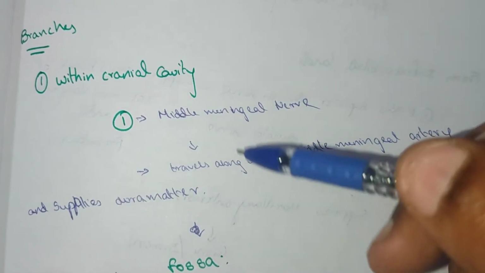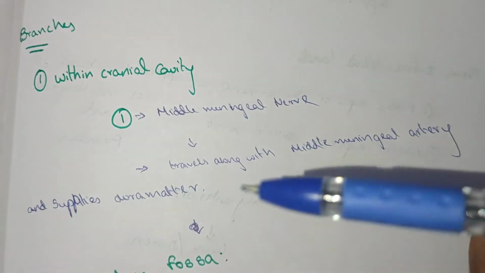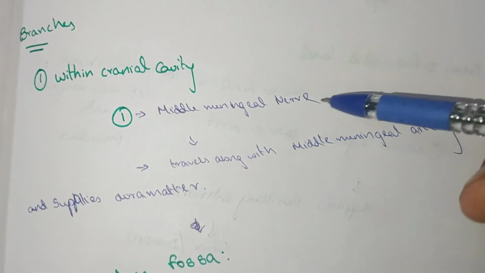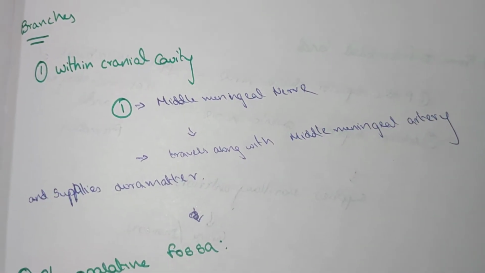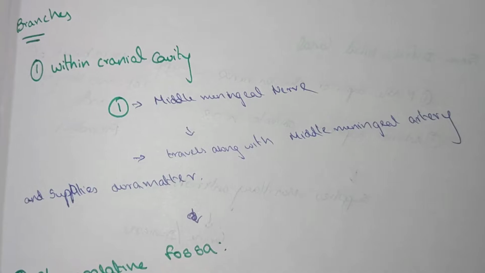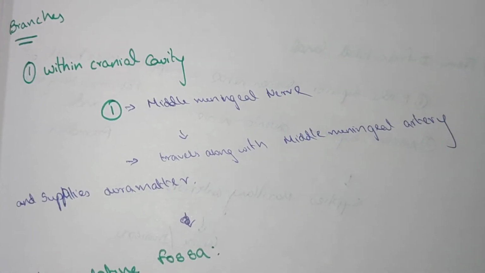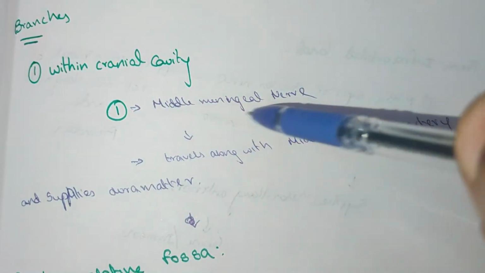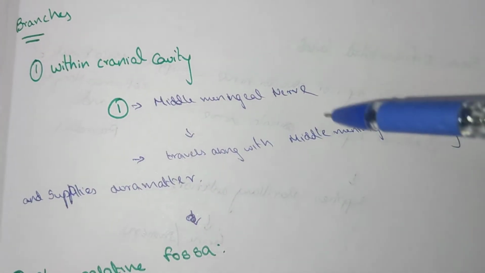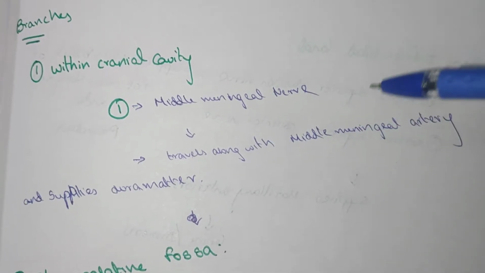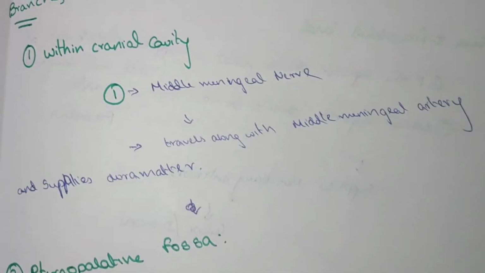Before the maxillary nerve comes out of the cranial cavity through the foramen rotundum, it gives off this branch, the middle meningeal nerve.